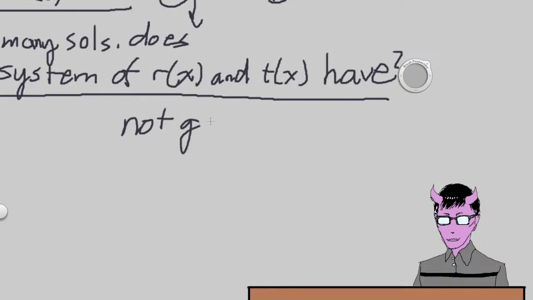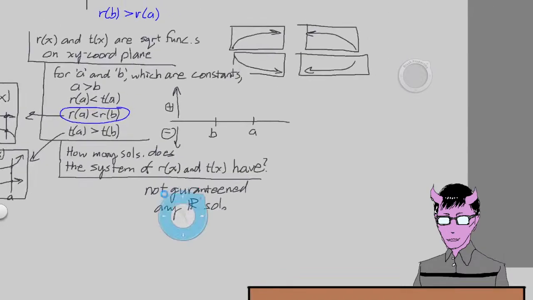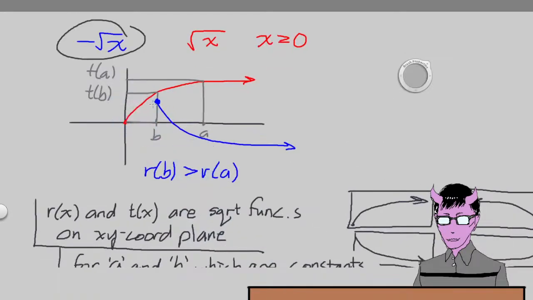Not guaranteed any real solutions. Simply because I don't think there's enough information for this problem. Unless I'm missing something. Yeah, I'm going to stick with my answer. So again, we don't know the shifting for the blue function nor the other function.